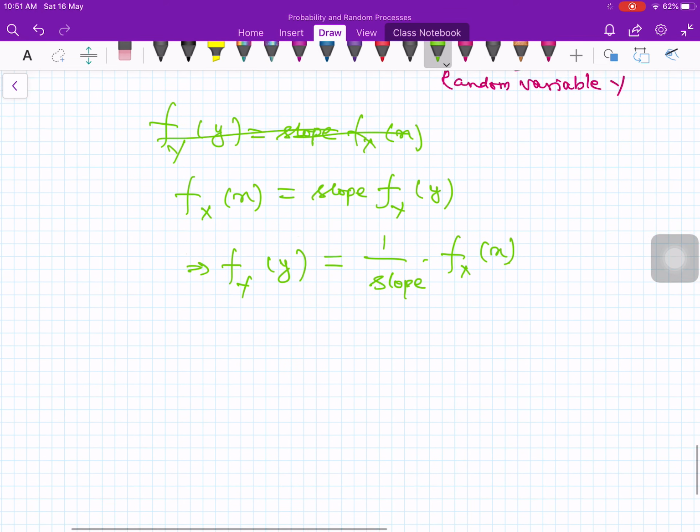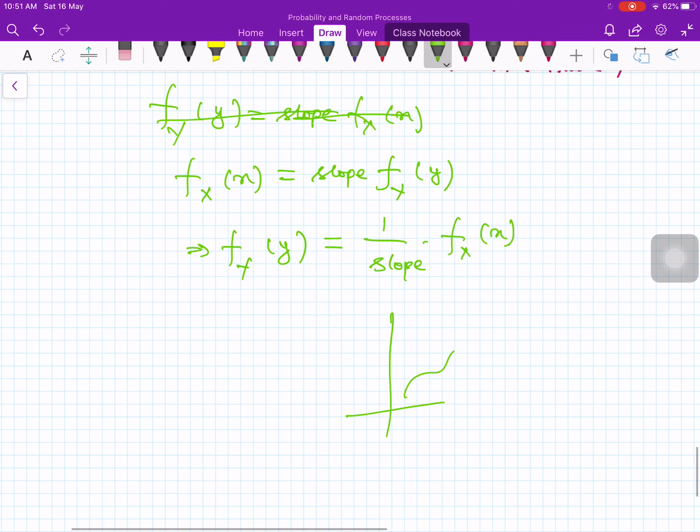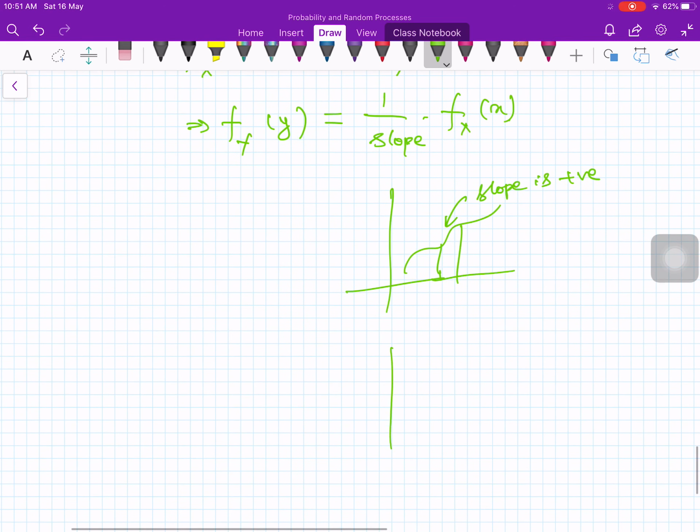Now if it is a monotonically increasing function, then the slope is positive. Now suppose you take a monotonically decreasing function like this, now here the slope is negative.